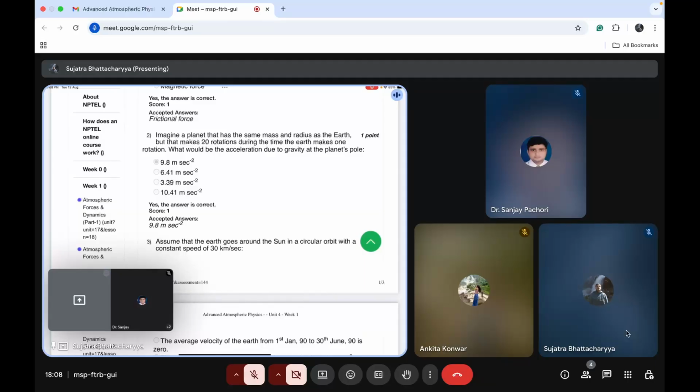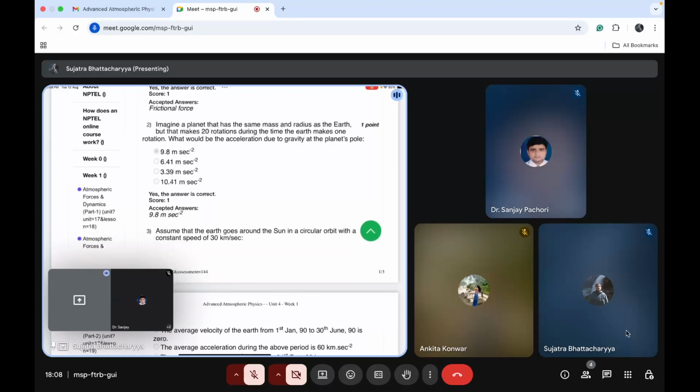Okay, so what would be the acceleration due to gravity? Very important are these last three words: at the planet's pole. So it is already saying that don't calculate the gravity only, but tell me what is the acceleration due to gravity at the planet's pole. So for that, we'll do a little bit of derivation, particularly for this phrase, the planet's pole.